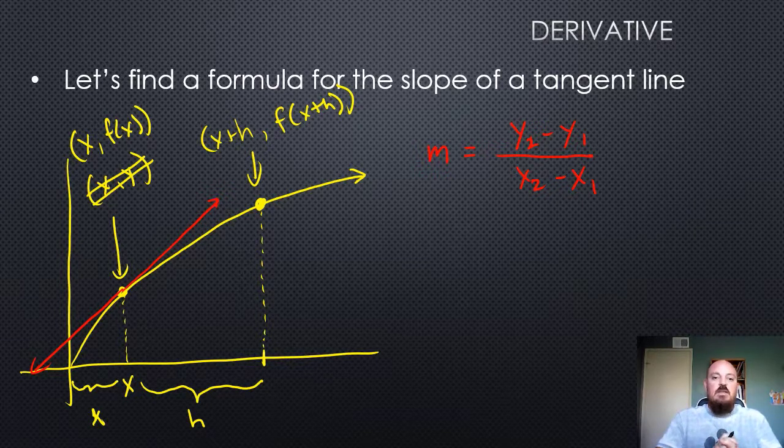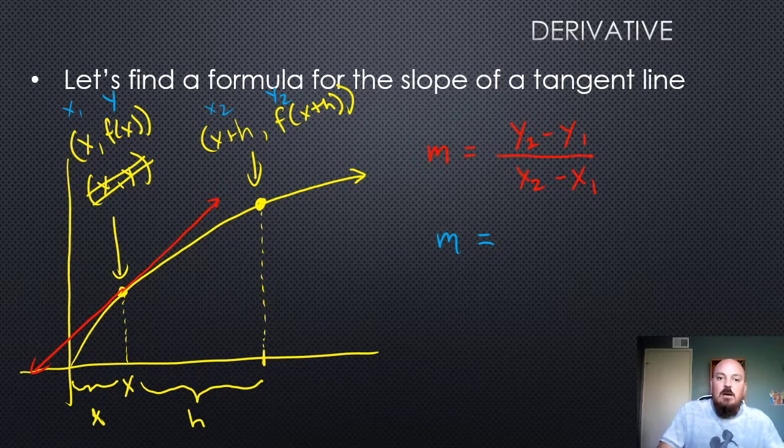All right, now I can go back and use the slope formula to find the slope of that line. So let's make this one the x1, y1, and this one the x2, y2.